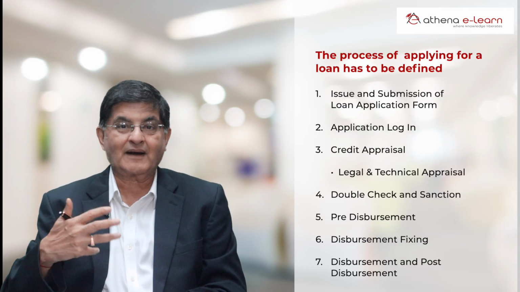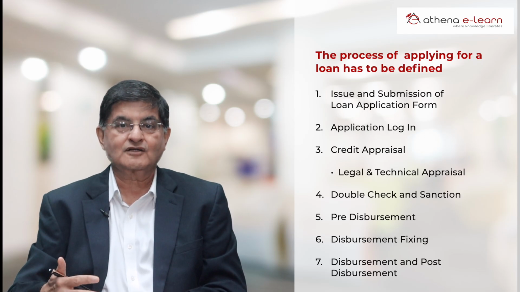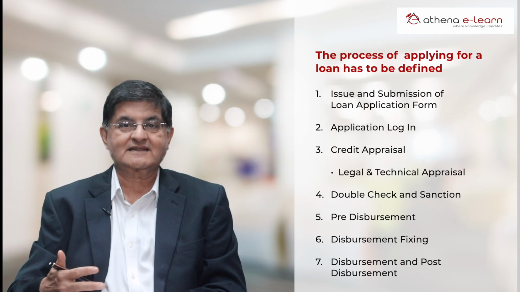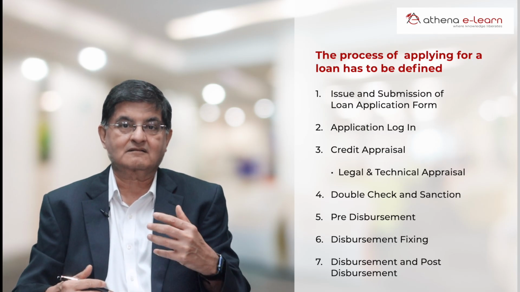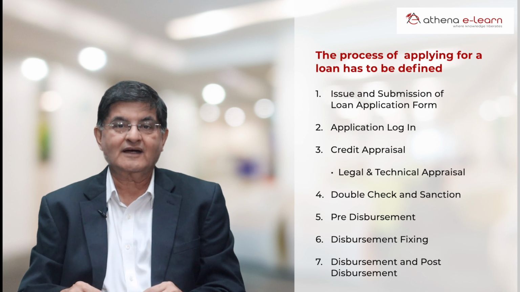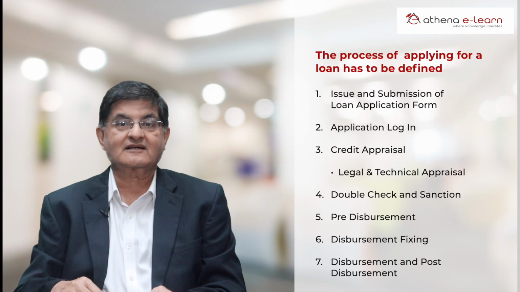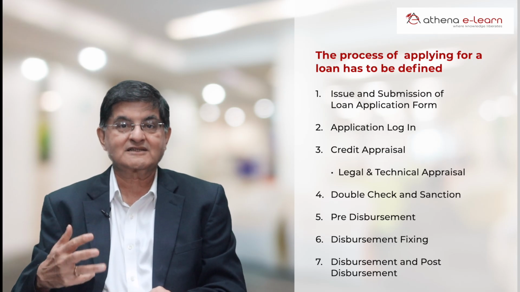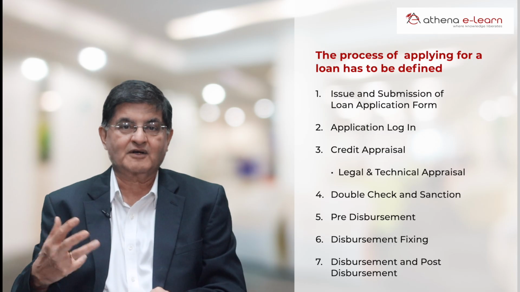So for example, and we are going to look at multiple processes. For example, the process of applying for a loan itself has to be defined. Then you move on to completing whatever KYC requirements and getting third-party documents like a credit report or a bank statement, etc. Once you have that, you come to a critical component of the process, which is the credit appraisal, the appraisal of the individual to determine can he get a loan, and if so, how much.